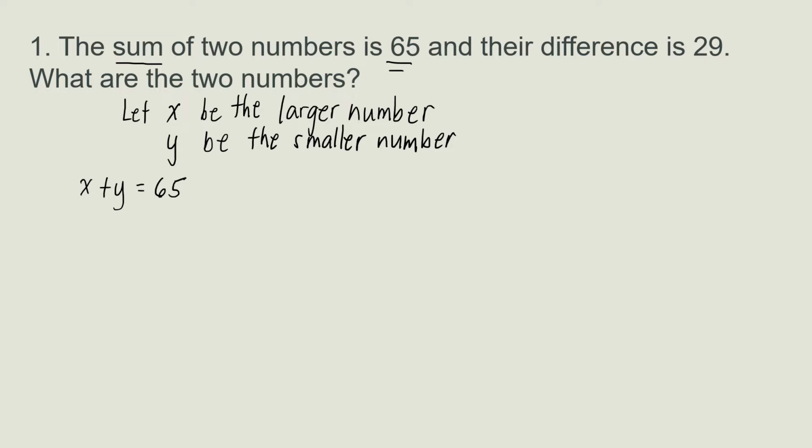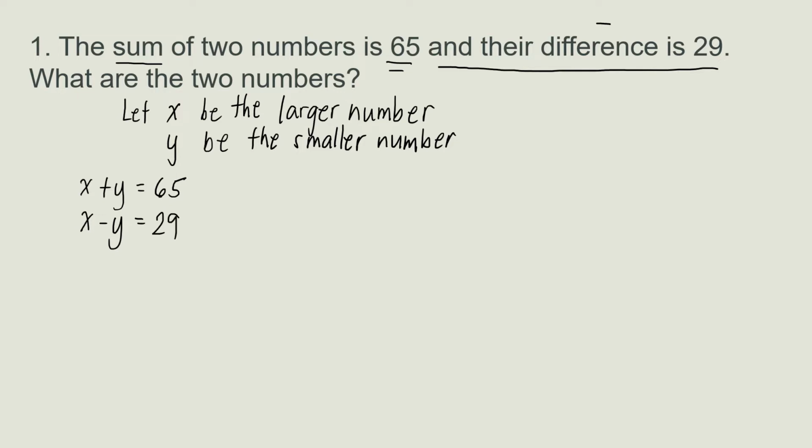So we have now one equation. Let's continue. We have, and their difference is 29. Difference is minus, right? So if we subtract the two numbers, the answer will be 29. Writing that in symbols, we will have x minus y is equal to 29.